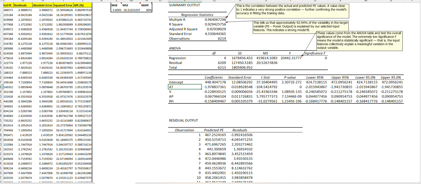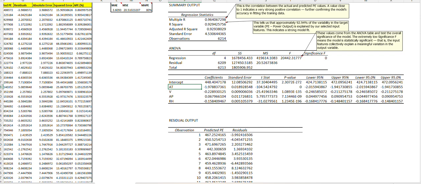This indicates a strong model fit. The adjusted R square checks if the number of features used is appropriate. Standard error and the significance of F are also inspected to confirm that the model has statistical relevance.